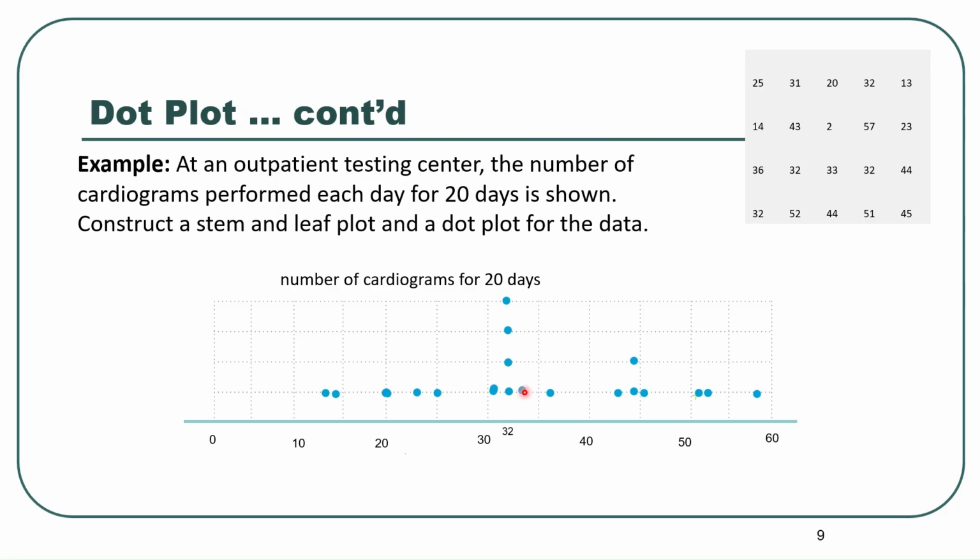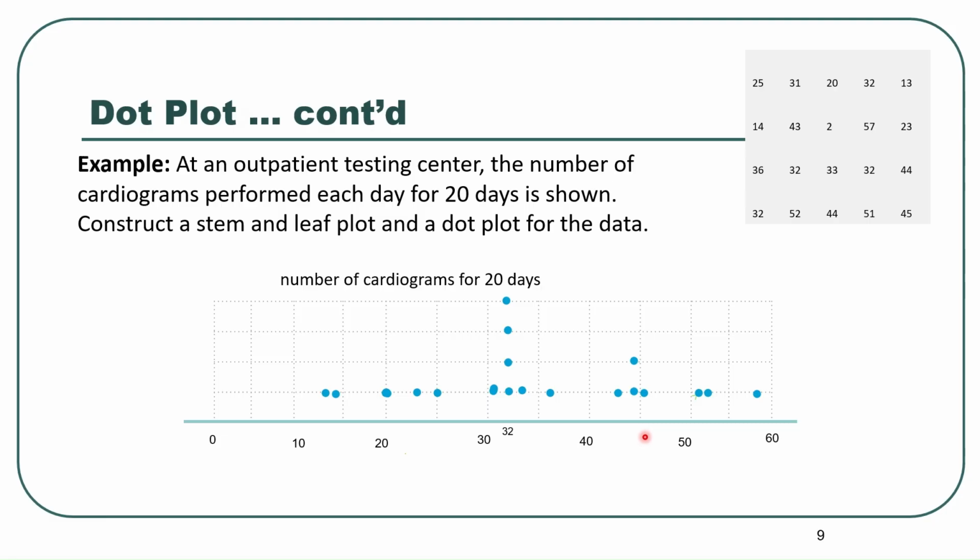If you have a value that is repeated many times, you just put it on top of the other. Like here in my completed graph, I have 32 appearing 4 times because I have 4 points on top of each other at 32. And the second one, which is repeated more than once, was 43, I believe.